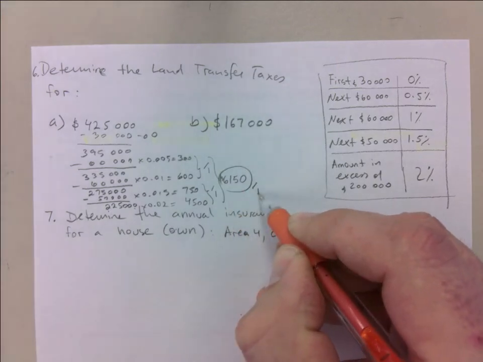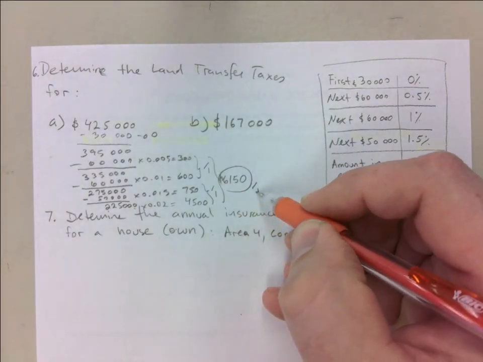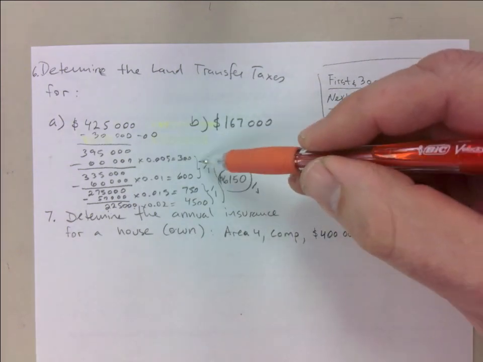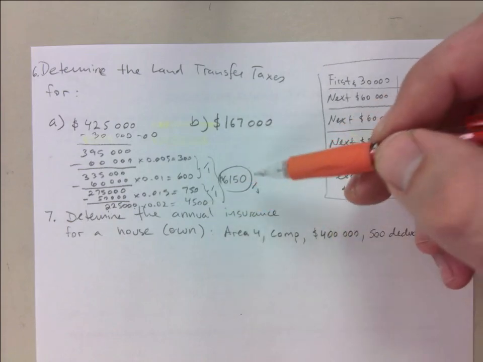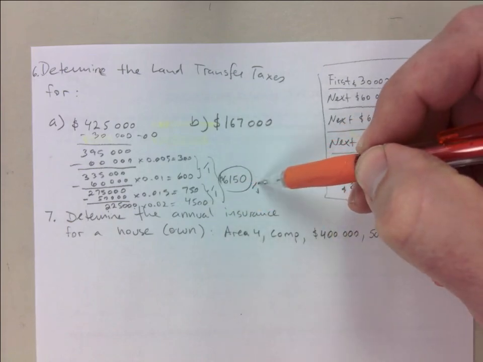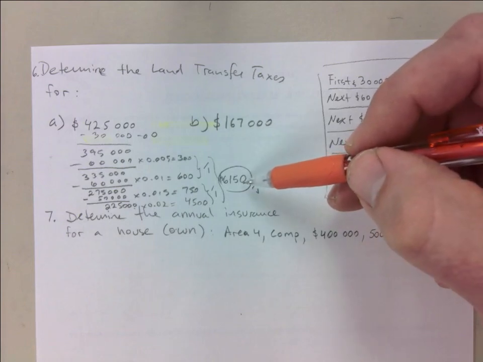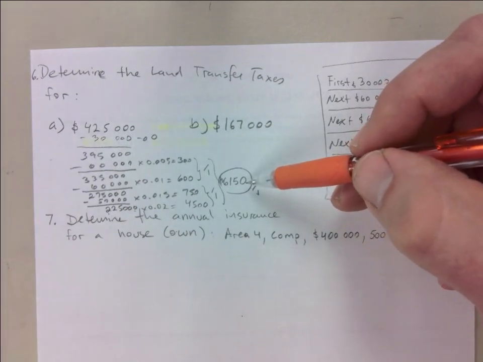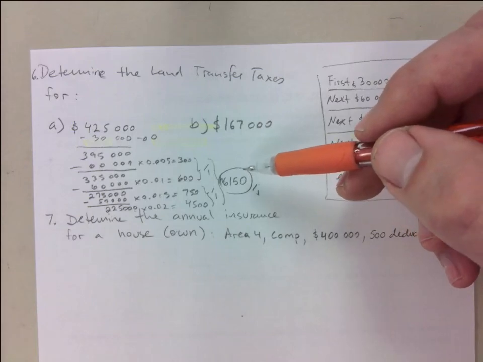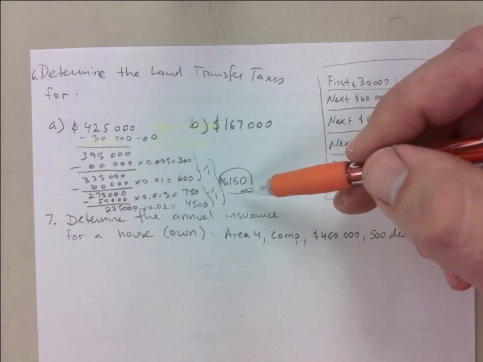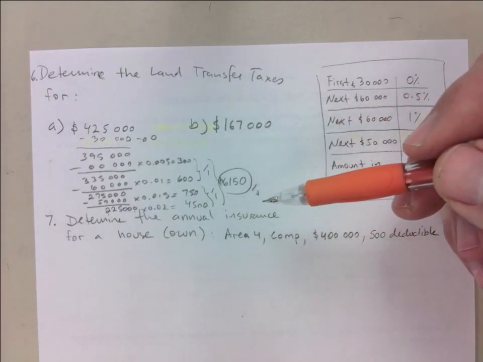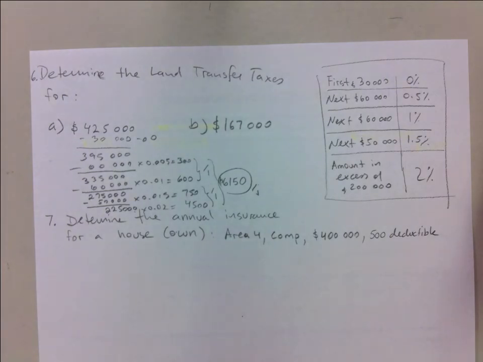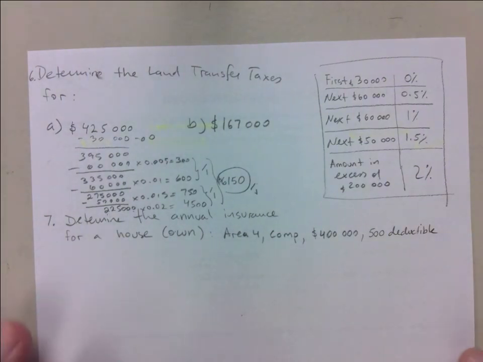You get another full mark for that. So 2 marks basically for all the work all the way to 4,500, and another mark for getting the 6,150. If you've shown me the shortcut that I showed you yesterday and you come up with 6,150, as long as you show me the work, you get all 3 marks. So you're not going to lose marks for having the shortcut there.